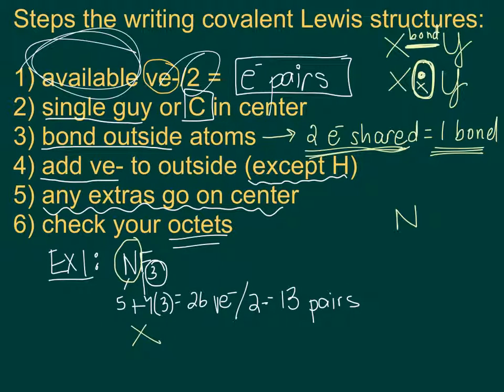It is when 2 electrons are being shared in a covalent bond. Number 3 says bond your outside atoms. I notice there are 3 fluorines attached to this nitrogen. So we come over to our picture and bond a fluorine, bond a fluorine, bond a fluorine.